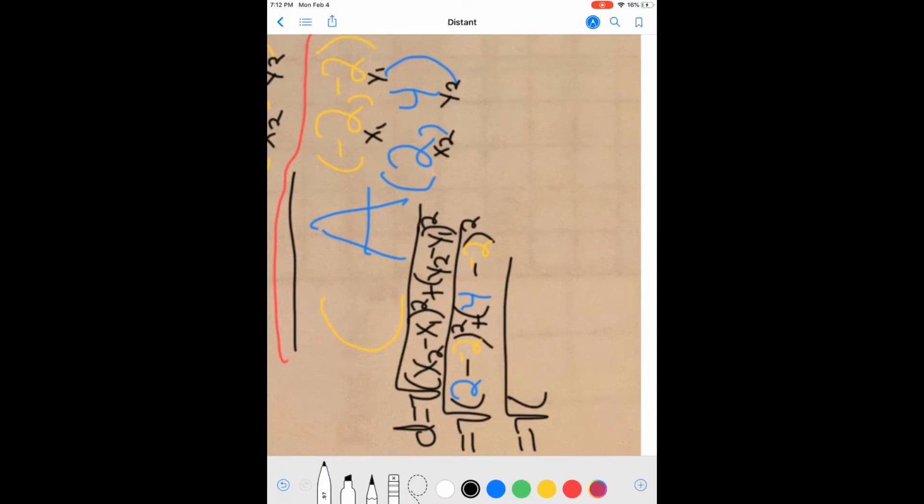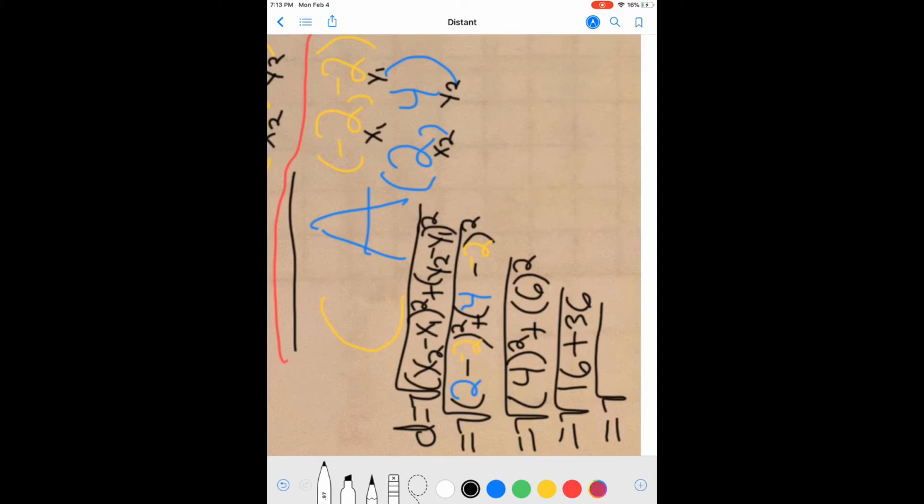In our first parentheses, 2 minus negative 2, or just 2 plus 2, is 4, squared, plus 4 minus negative 2, or just 4 plus 2, is 6, squared. 4 squared gives me 16, plus 6 squared gives me 36. And then under the square root, we have 16 plus 36, which is 52, the square root of 52.